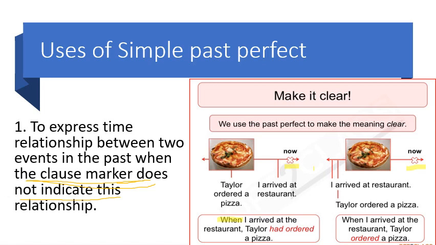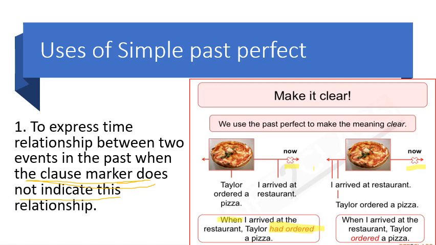Therefore, if you see that in the first sentence, without the past perfect, Taylor ordered pizza, it will mean the same meaning as the second sentence, and they will both indicate that the order of pizza is at the same time as his arrival at the restaurant.